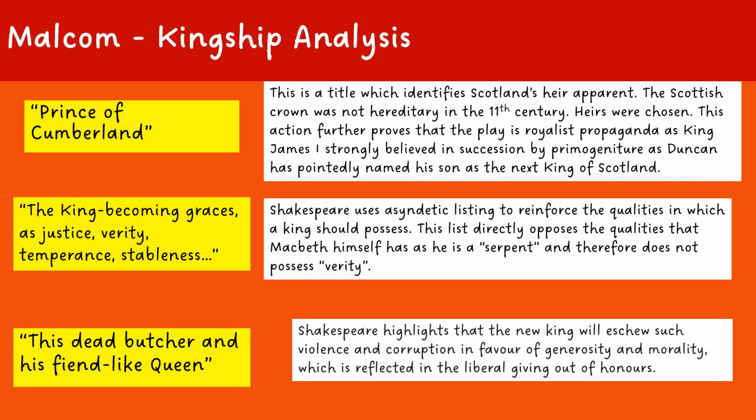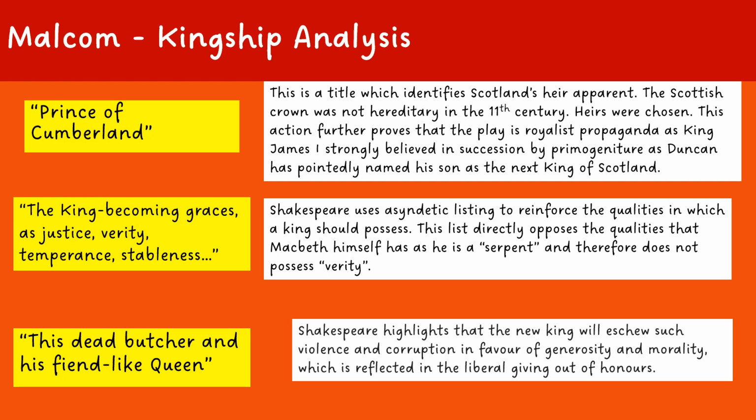And again, we've got that reference to Macbeth being the dead butcher, okay? And what Shakespeare's highlighting here is that the new king will deliberately avoid using violence and corruption, and he will favour generosity and morality, okay? Now, what we can see here is that Malcolm actually mimics his father's characteristics, which must emphasise the importance of having that morality in order to be a good king.